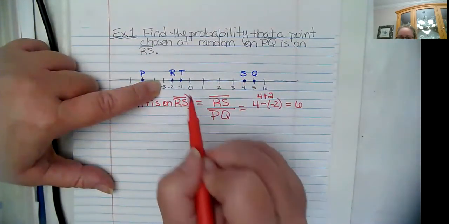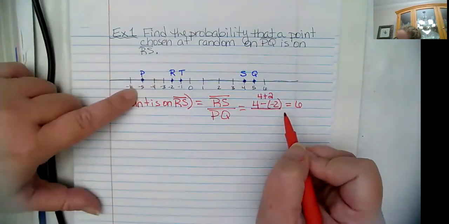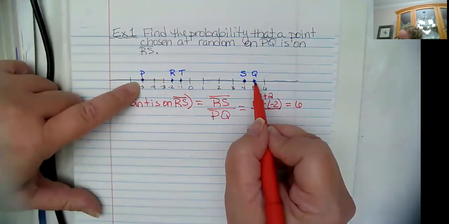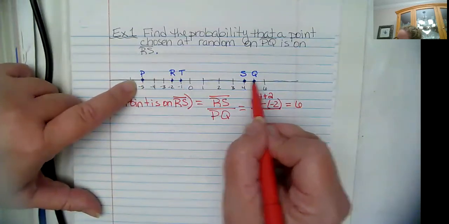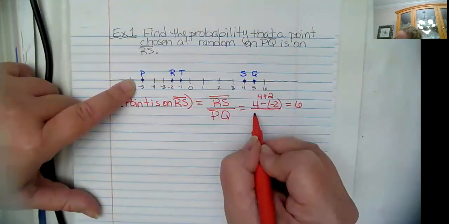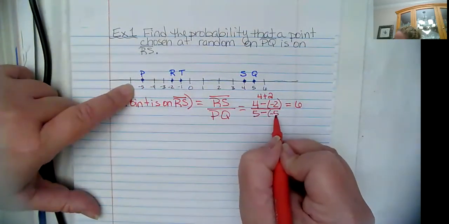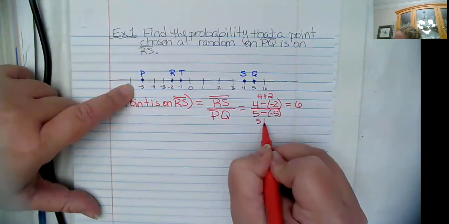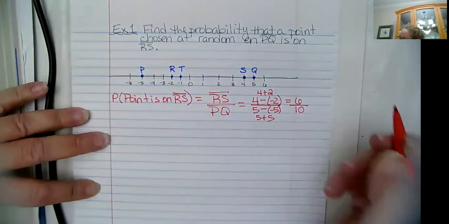To -2, it's 6. So it's 6. Then PQ, which is from -5 to 5, so you automatically know that's 10. But again, 5 minus, going in that direction, a -5, a negative and a negative is a positive. So that length is 10.